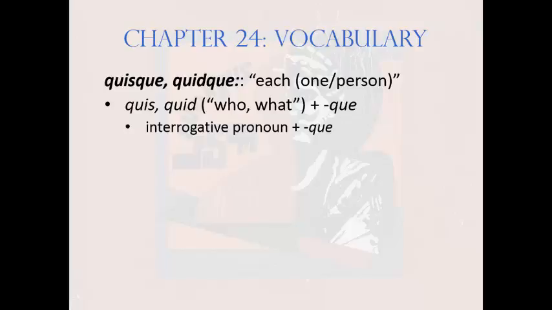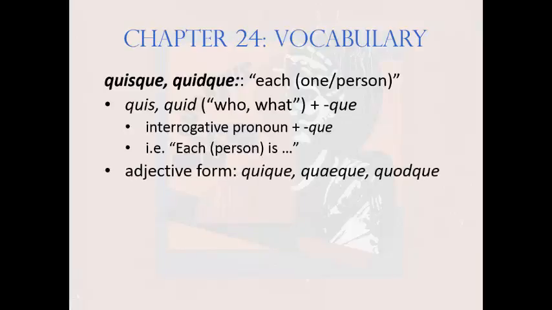Somehow to the Romans, that betokened each, often used as a substantive, as in each is whatever, meaning each person is. Though Wheelock doesn't include it here, there is also an adjective form of this pronoun, quisque, quaeque, quodque, which is used when each modifies a noun. Naturally, the interrogative adjective qui, quae, quod replaces the interrogative pronoun quis, quid when each is used as an adjective with a noun expressed.